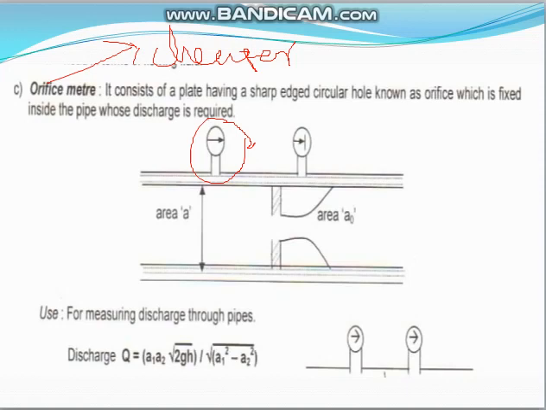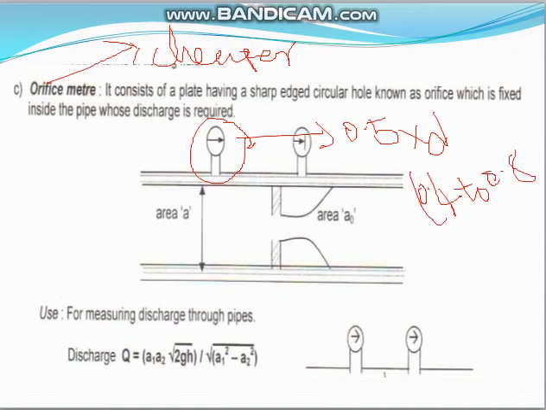The orifice diameter is generally kept as 0.5 times the diameter of the pipe. It may vary from 0.4 to 0.8 times the pipe diameter, at a section 2 times the pipe diameter upstream from the orifice plate.